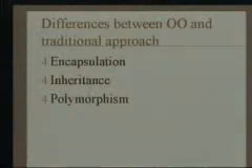We have little time, so we'll just look very briefly at the differences between OO technology and the traditional approach. Three main differences. Encapsulation, as we said earlier: the attributes are manipulated only through operations, so they are hidden by a wall of operations, and the side effects of changes are minimized. You have inheritance, which means an object automatically inherits all attributes of its class, so there is reuse.